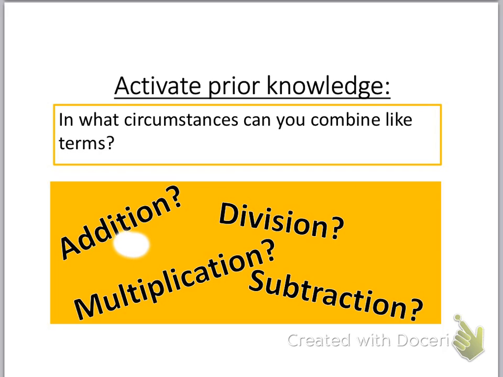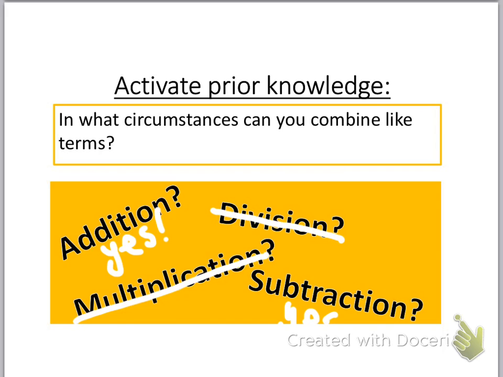Yes, we need like terms for addition. How about division? Do you need like terms? Nope. Multiplication? Nope. Subtraction? Yes, we also need like terms in subtraction. So like terms are addition and subtraction requirements.